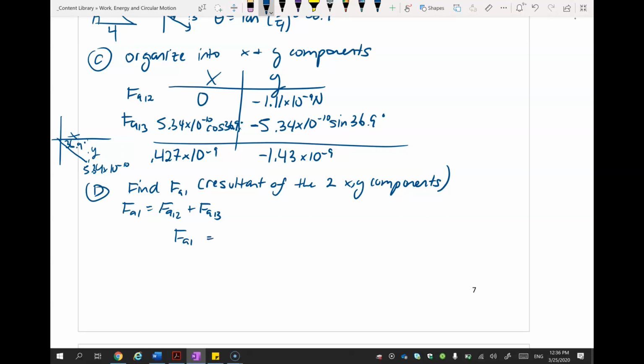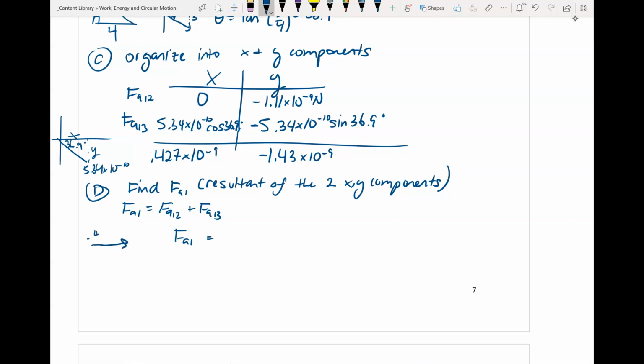So we could draw this out if you wanted to. So it's positive in the x direction, negative in the y direction. We're looking for this one here.